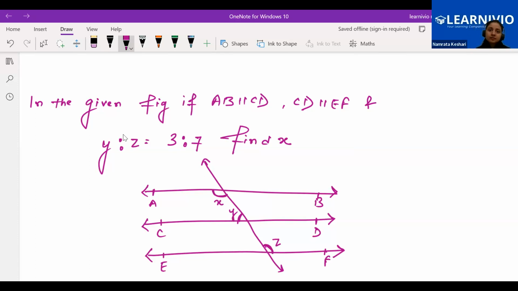Yeah, just X. At first try it, then we will be discussing it.